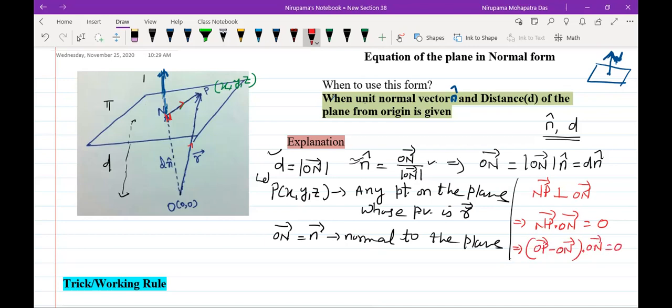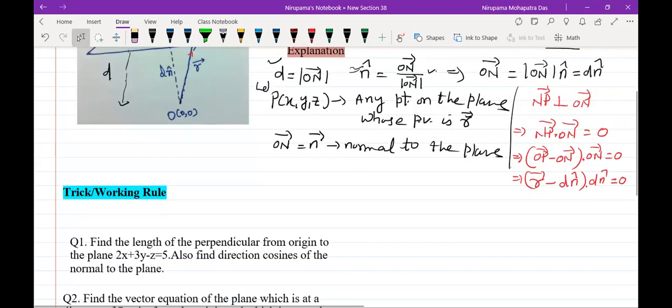OP vector is r vector. So r minus ON vector, which is D n cap, dot D n cap equals 0.